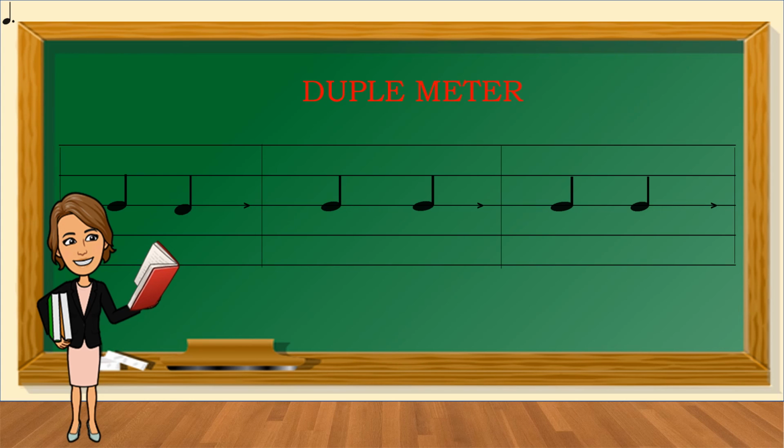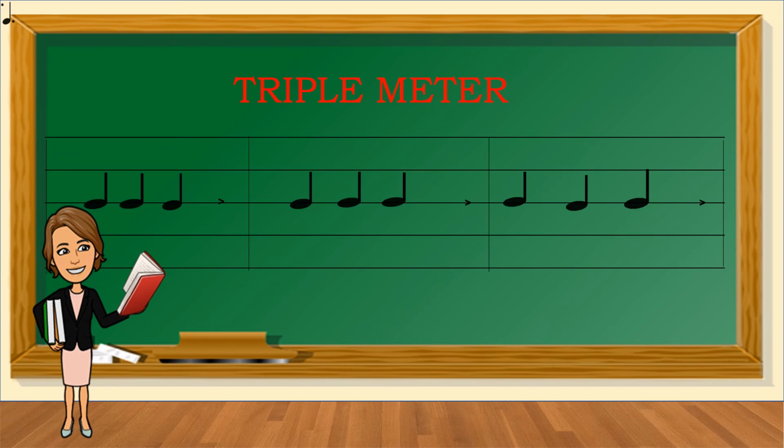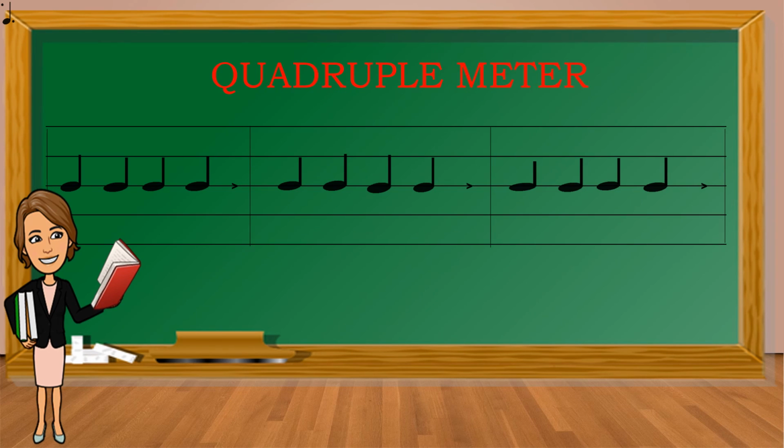So we have 1, 2, 1, 2, 1, 2. Here is the triple meter. 1, 2, 3, 1, 2, 3, 1, 2, 3. The last one is the quadruple meter. 1, 2, 3, 4, 1, 2, 3, 4, 1, 2, 3, 4. So those are the different kinds of meter.